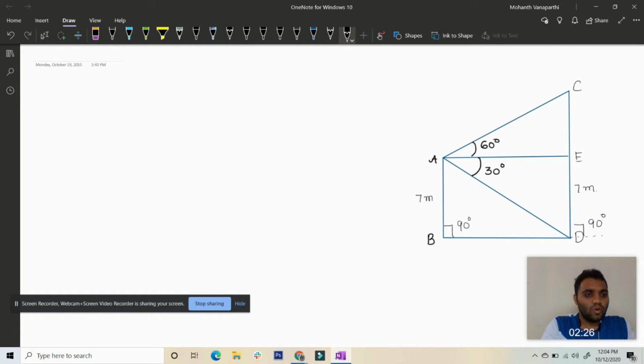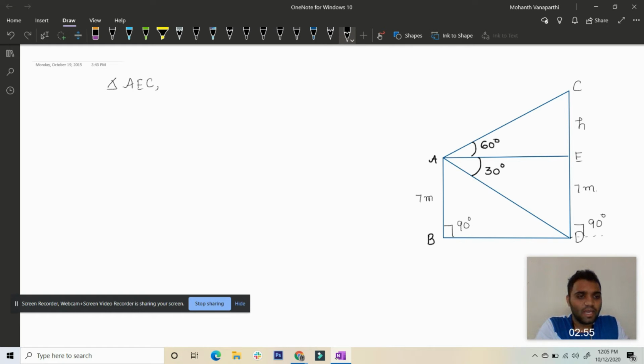Now I am splitting the total DC into CE and ED. I am assuming the length CE as H. Now I am taking triangle AEC and applying a trigonometric ratio.